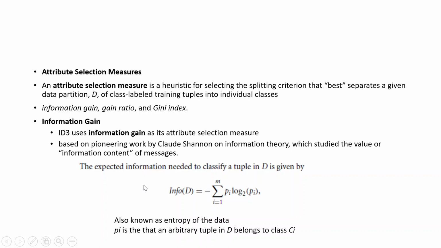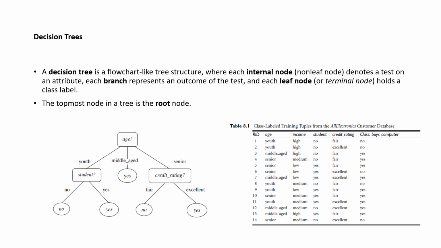In that, what you do is find the expected information in a particular data set D. We said data set D consists of lots of data items. The information content of a data set can also be represented from a different perspective as the entropy of the data set.